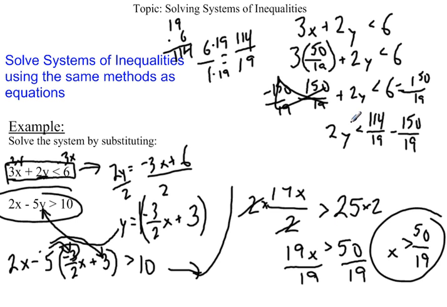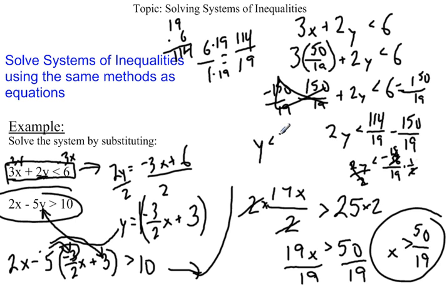Alright, so we're getting there. 114 over 19 minus 150 over 19 gives me 2y is less than negative 36 over 19. When I divide by 2, or multiply by 1/2, then it'll cut that top number down.